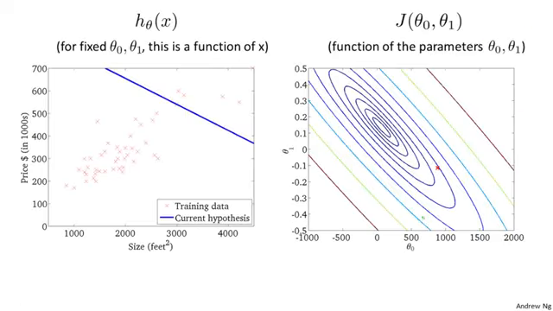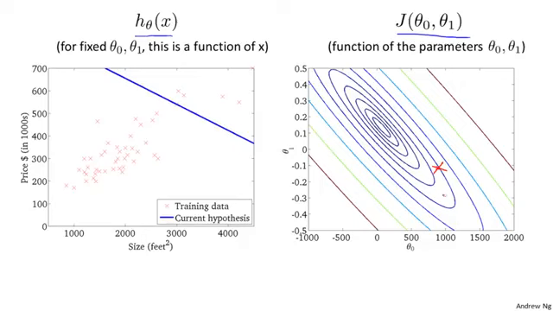Now let's see this algorithm in action. As usual, here are plots of the hypothesis function and of my cost function J. Let's say I've initialized my parameters at this value. Usually you initialize your parameters at 0, so theta 0 and theta 1 equal 0.